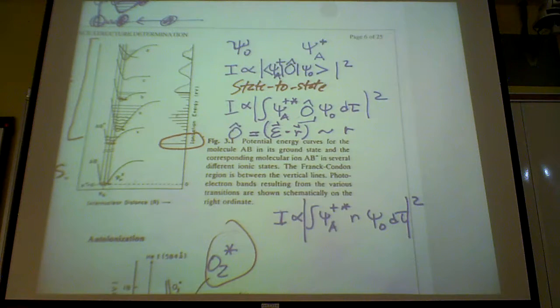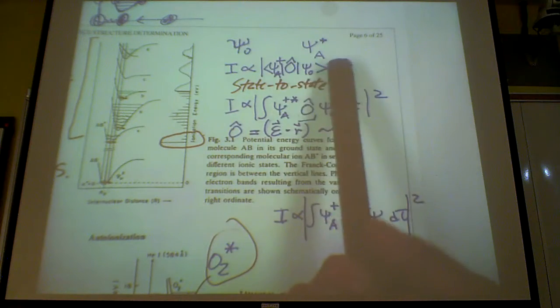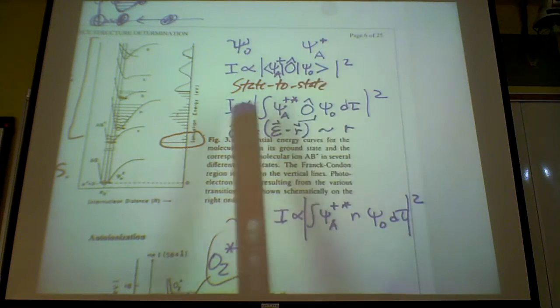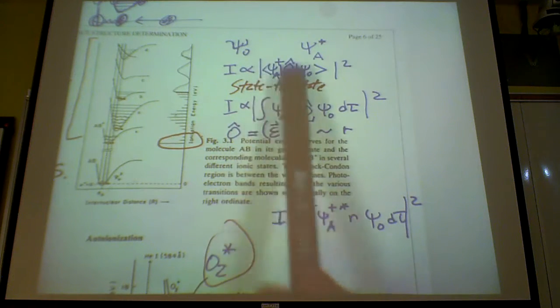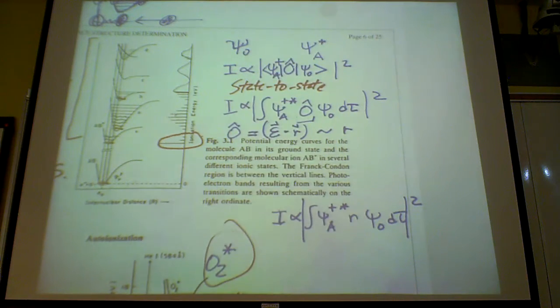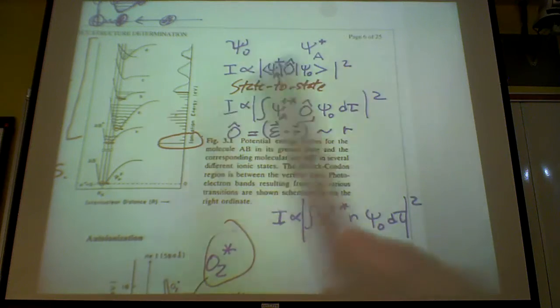So it's easy to think about. We don't worry so much about the math detail. The way to think about it in quantum mechanics is quite logical. We are just thinking about a transition, from the initial state, which is the ground state psi naught here, to the final state. And the final state is the ionic state, psi A. I choose A because that happens to be the first excited ionic state, the A state.